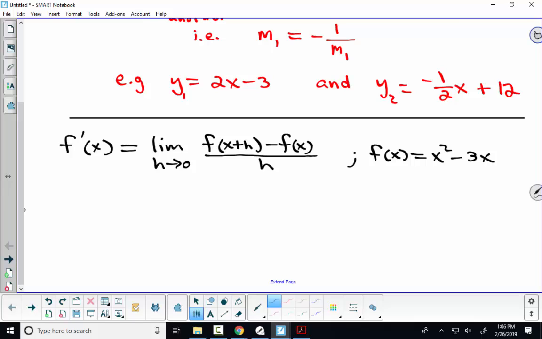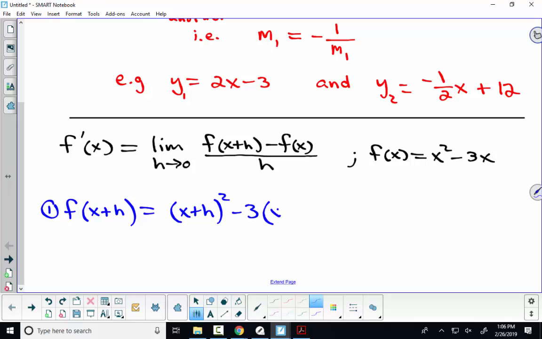So when we're using that definition, really the only thing you need to compute is f of x plus h, and then we plug everything into that derivative. So let's compute f evaluated at x plus h. We have x plus h squared minus 3 times x plus h.